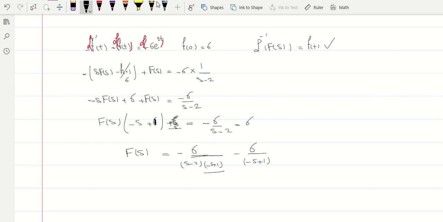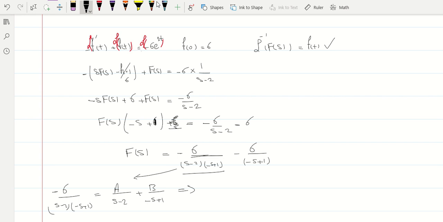So for this term, it is minus 6 over (s minus 2) times (minus s plus 1), which would be equal to A over s minus 2 plus B over minus s plus 1, right?